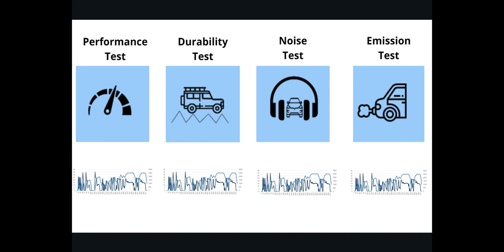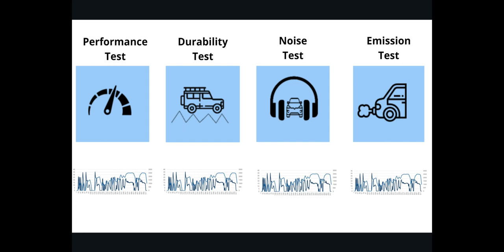For example, the power output test to know the acceleration speed, durability test to know whether it will not be damaged after many years, noise test to know whether the noise is not too strong for drivers, and emission test to know whether the exhaust gas follows regulations.